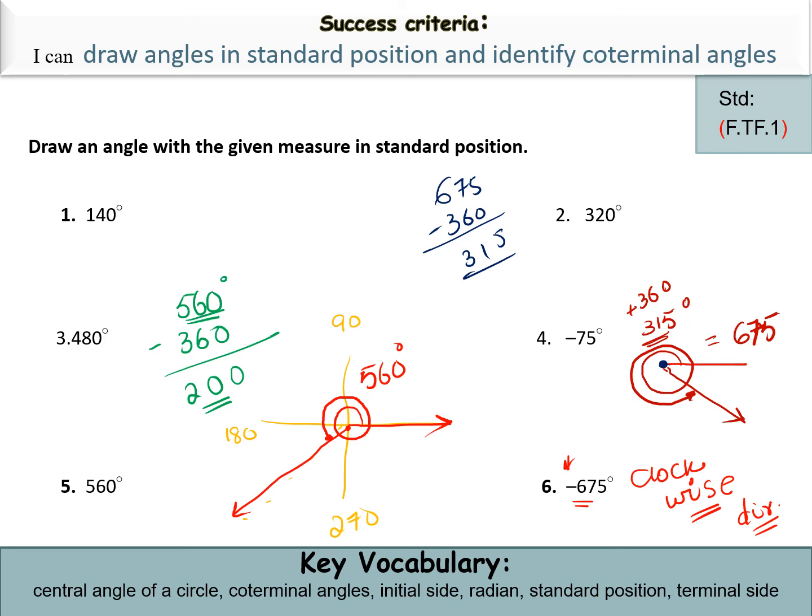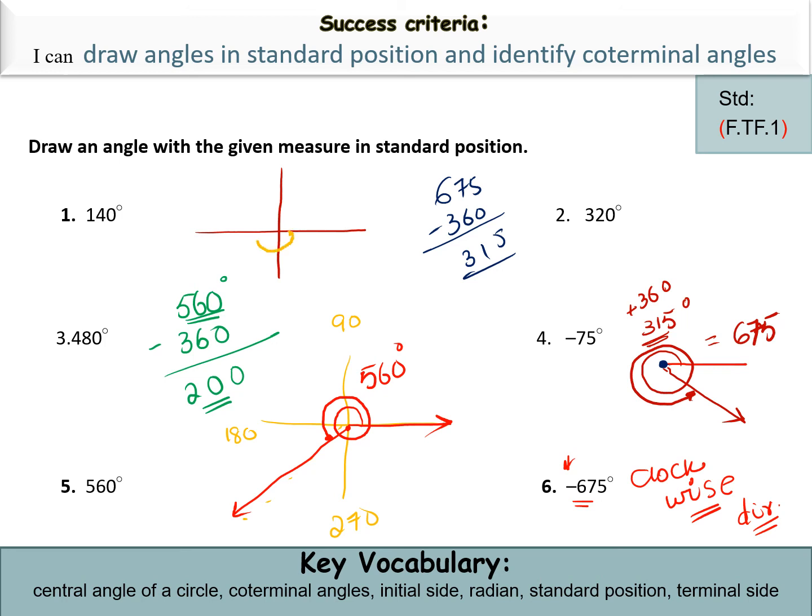Let's check how I can make negative 675. So what is the difference between this and that question? The plus and the minus sign. If you ignore the plus or minus sign, your answer can be wrong because you are not showing the correct direction. So where is 315 in the negative direction? Of course, in the negative direction, you will use the clockwise rotation.